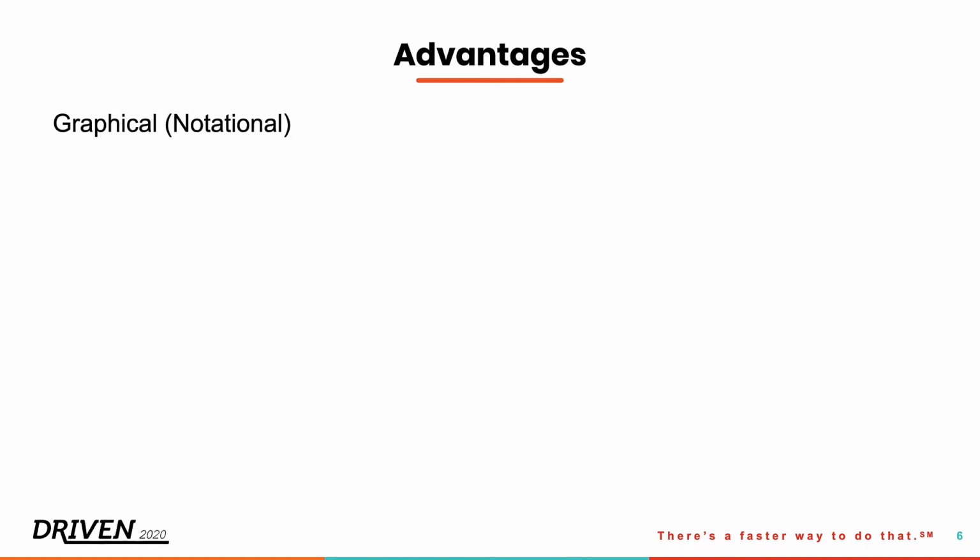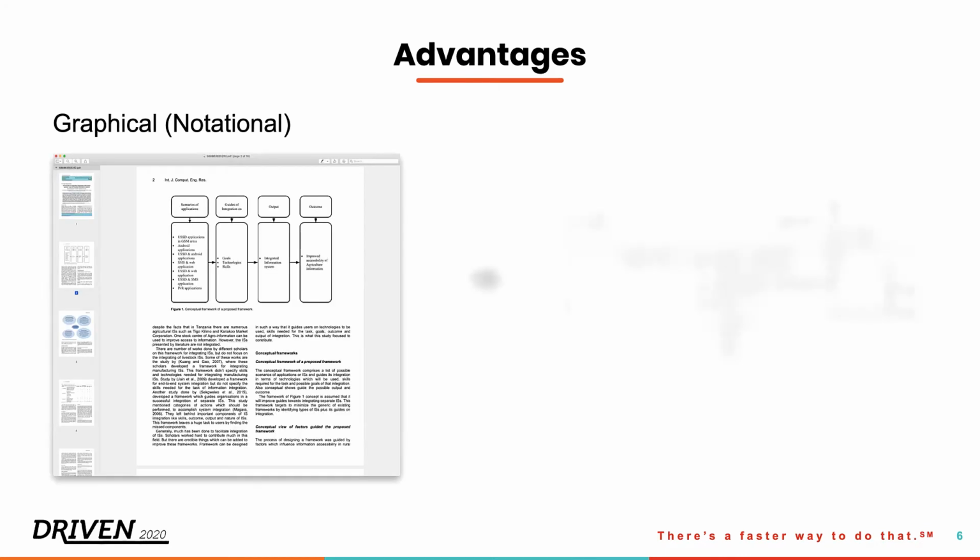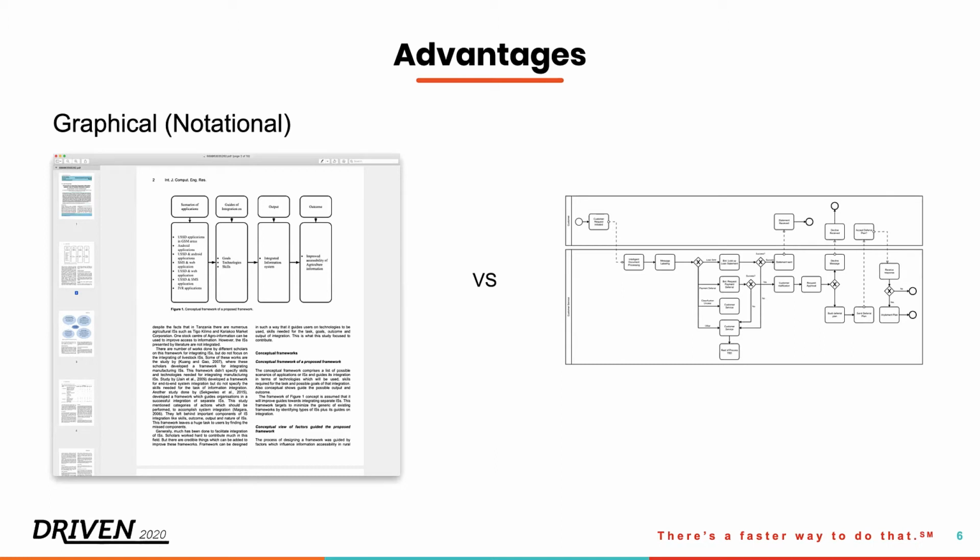Just as you wouldn't hire an architect who wrote up their design in prose, if someone describes their process like this, instead of like this, it is likely that their design is open to confusion, misinterpretation, and honestly is going to be very difficult for people to understand.